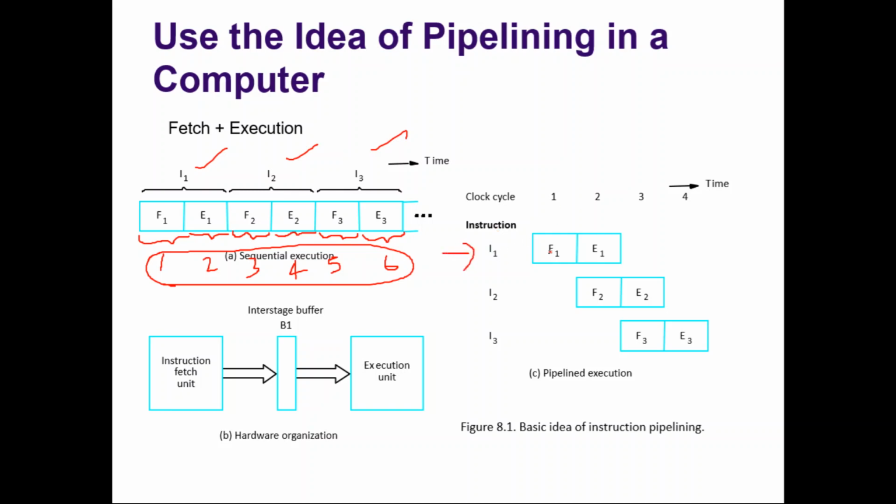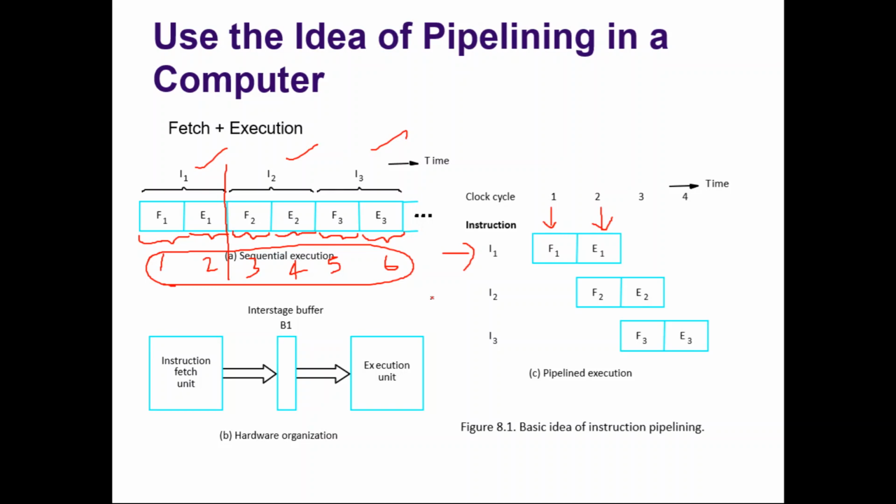The first instruction is fetched during the first clock cycle and executed during the second clock cycle, so by the end of the second clock cycle the first instruction is finished. That is the same time irrespective of whether it is sequential or pipelined execution.